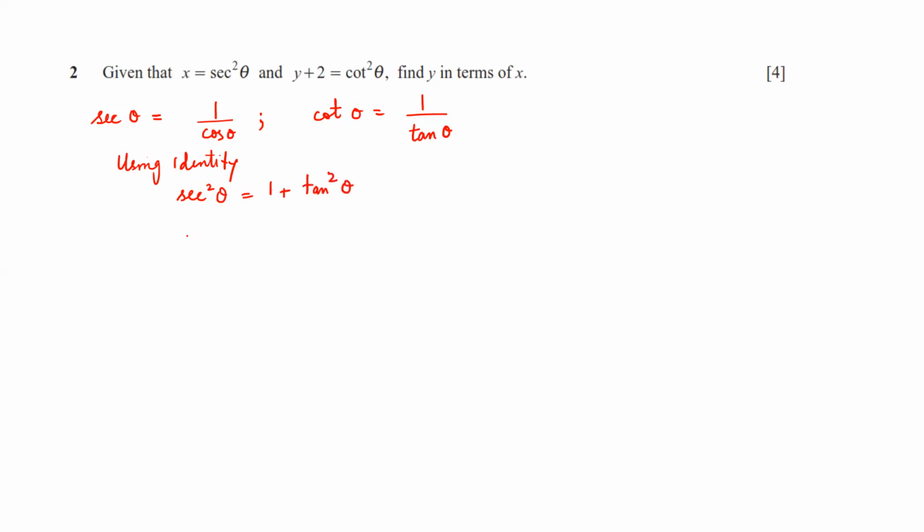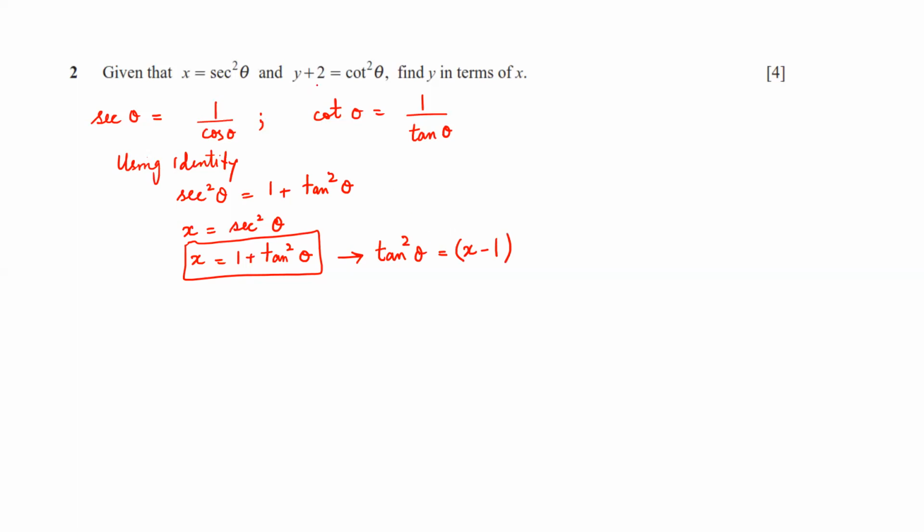So if we use this identity, we have x equals secant square theta. We get x equals 1 plus tangent square of theta. So from here, tangent square theta is equal to x minus 1.